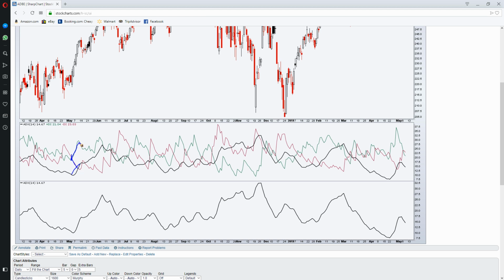Where the positive DI is moving above the negative DI. You finally see that signal about right here. You're nowhere close to the bottom, right? On that, when you finally get that signal in. So you're kind of chasing a trend a little bit.